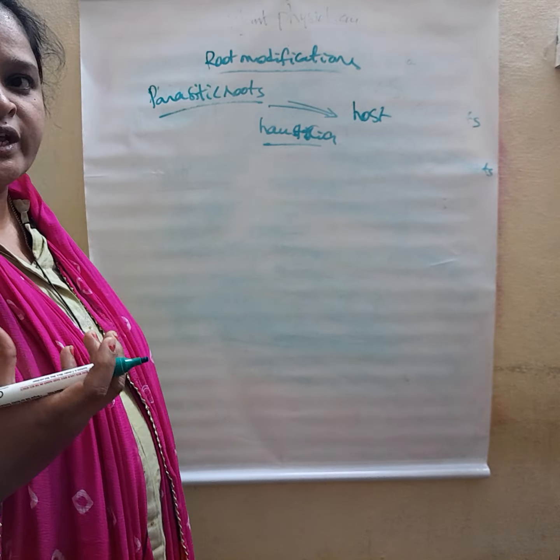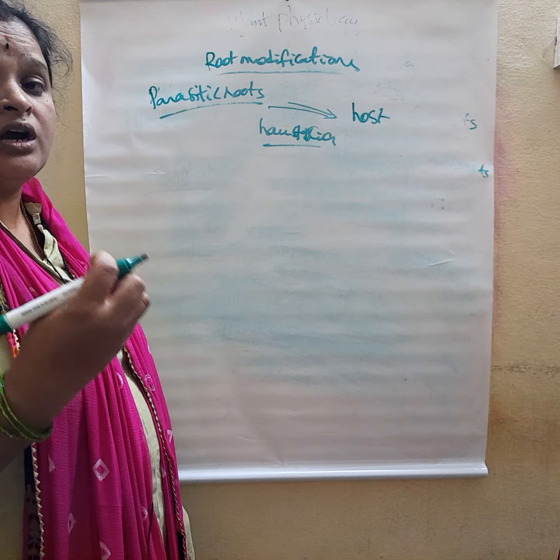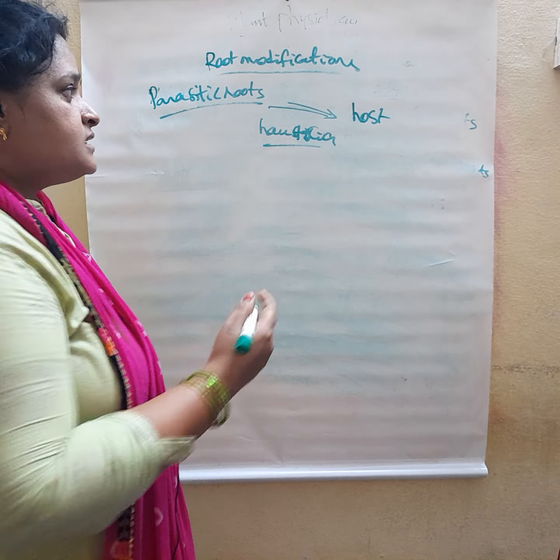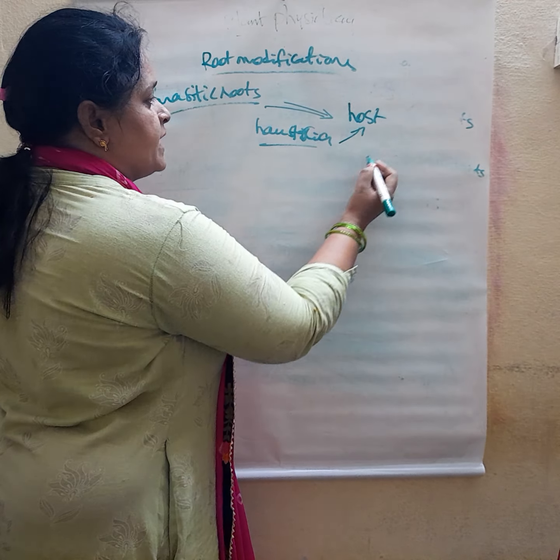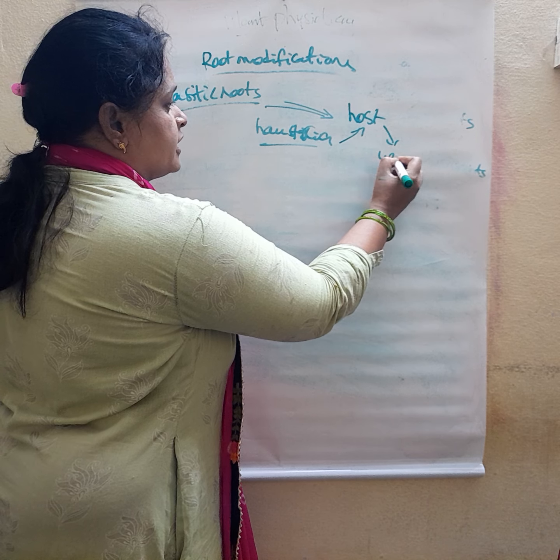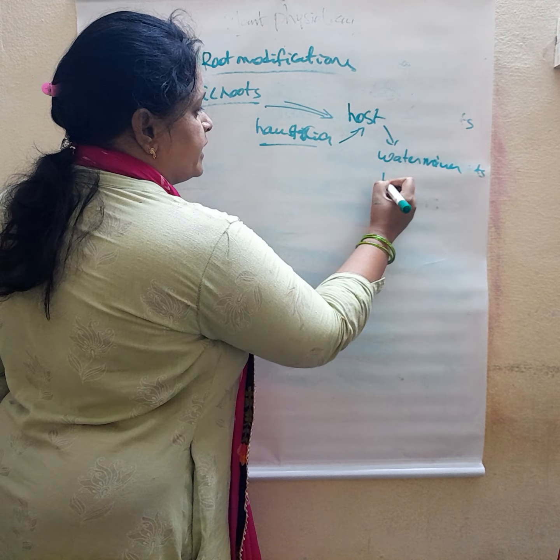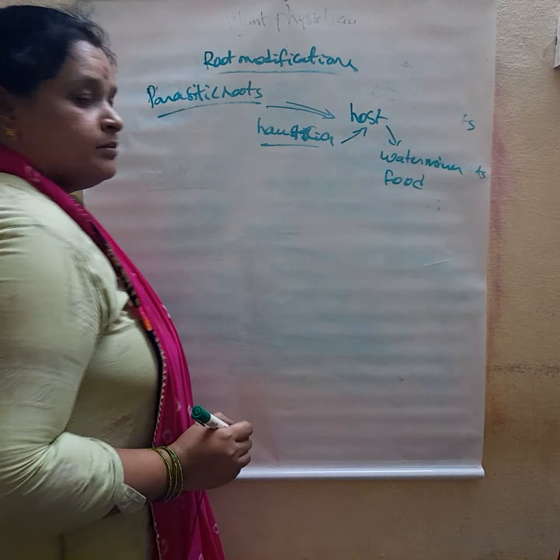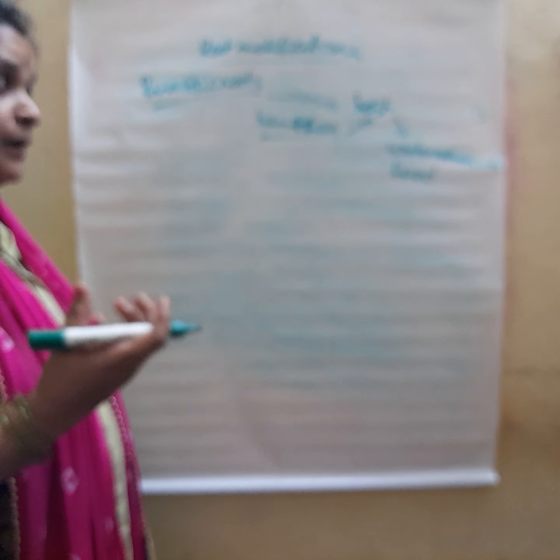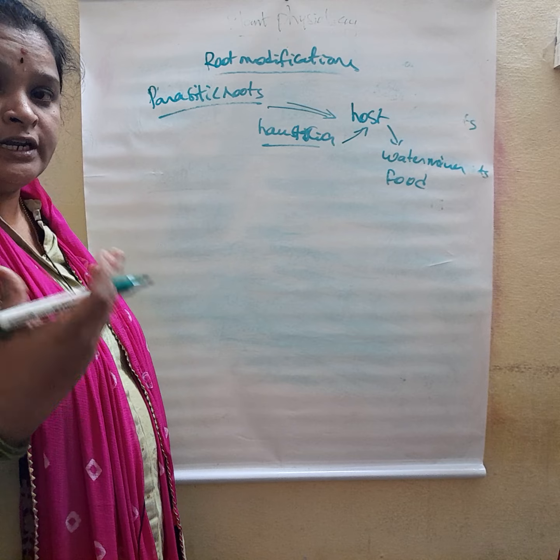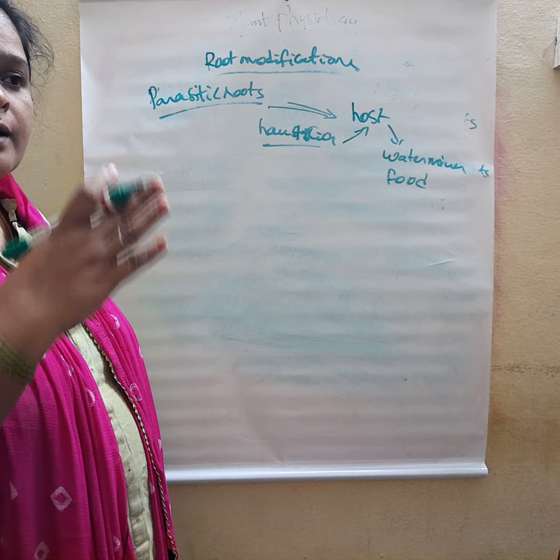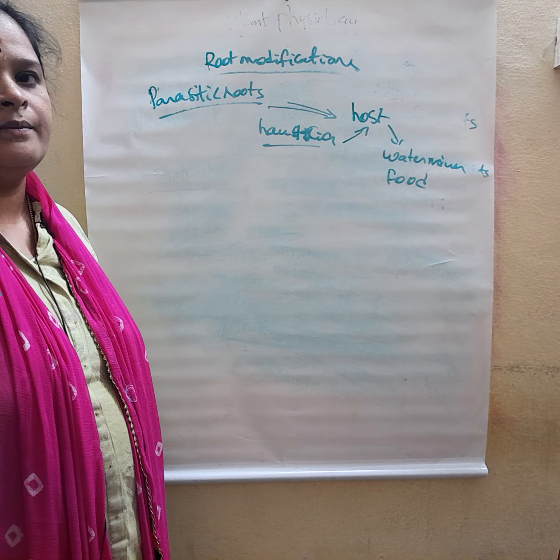Haustoria is the name of the specialized root. This Haustoria enters into the host plant and gets water and minerals and food materials. Depending upon the need, they are actually divided into complete parasite and incomplete parasite.